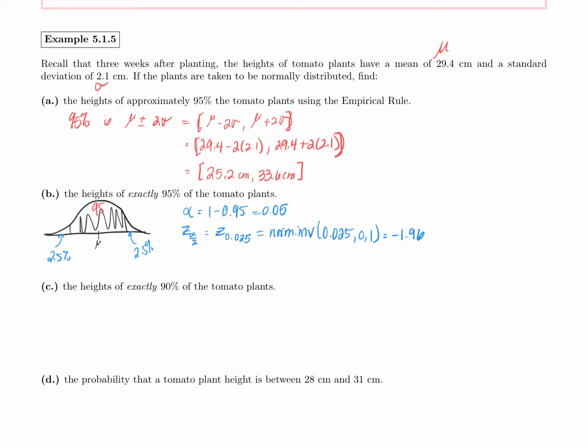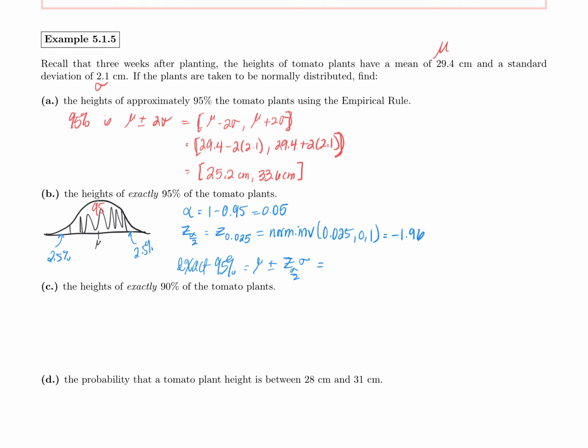And so what we're going to say then is our exact 95% is going to look like mu plus or minus z at alpha over 2 times our sigma.